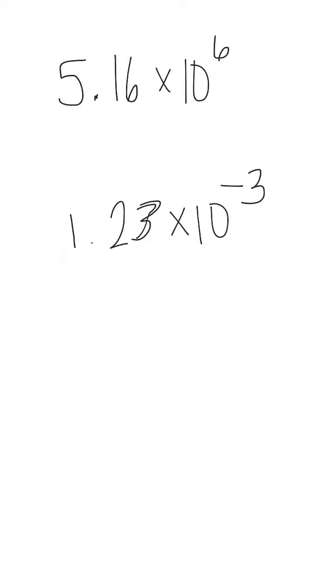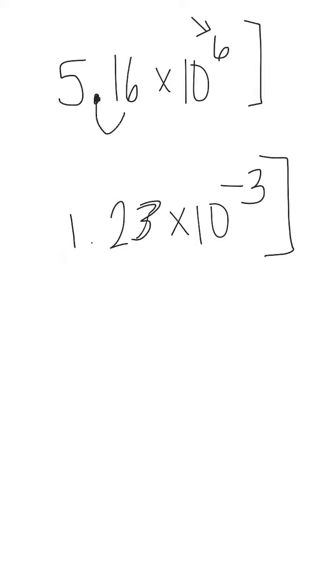Now, if it is a positive number, like it is up here, this notates a very, very large number. And if I have a negative integer up here as times 10 to the minus 3 shows, this notates a smaller number. In order to expand these numbers out as real numbers, we're going to take the decimal place and move it in the direction that the exponent shows us right here. So this one says times 10 to the 6th.